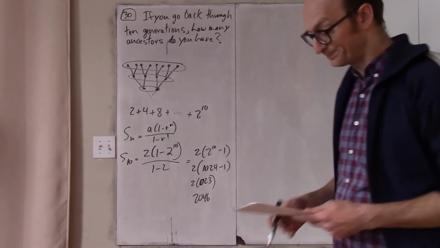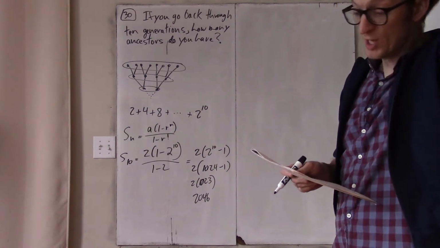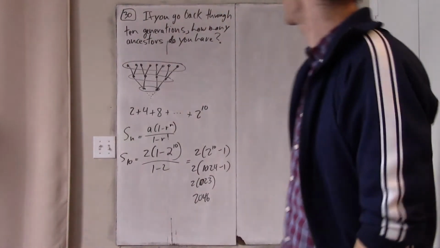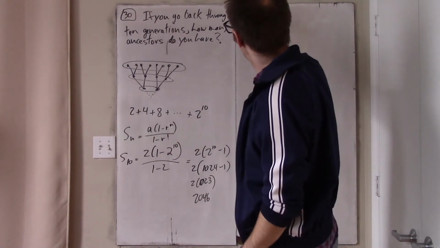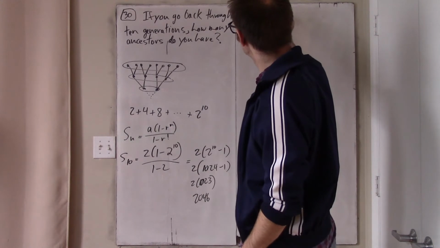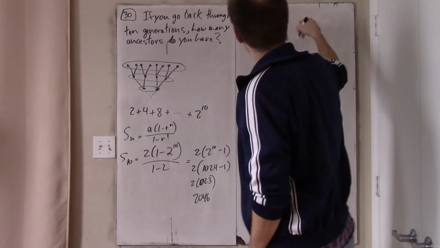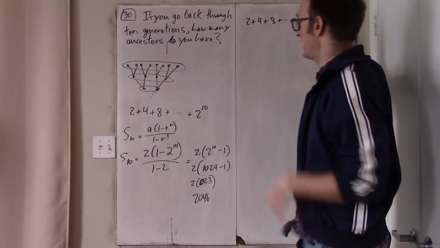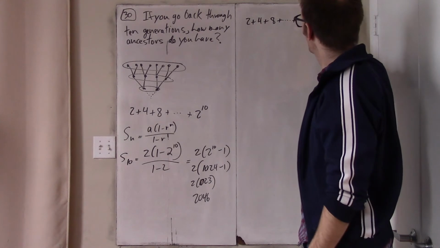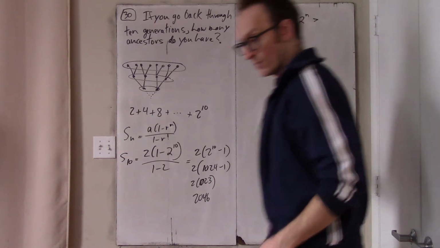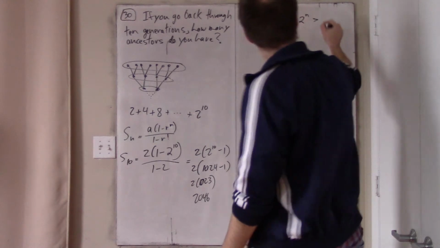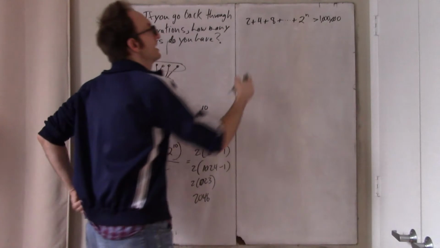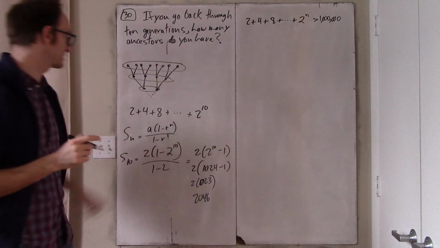Okay, follow-up question. How many generations must you go back in order to have more than 1 million ancestors? In other words, when is 2 plus 4 plus 8 plus all the way up to 2 to the nth going to be bigger than 1 million? Well, we just did the sum over here.